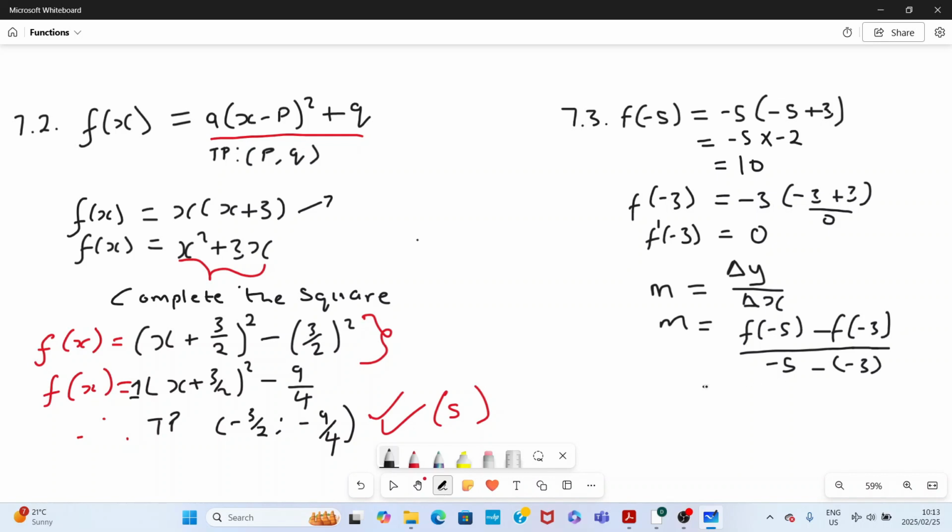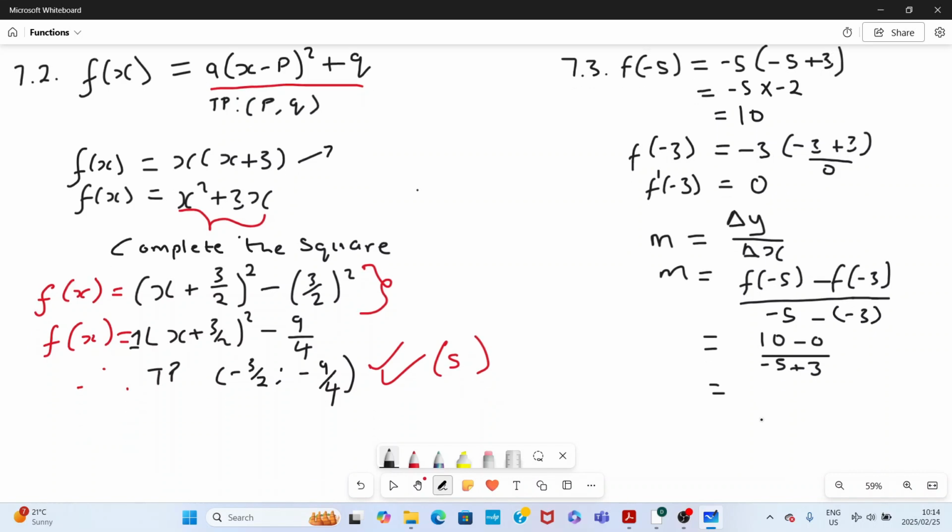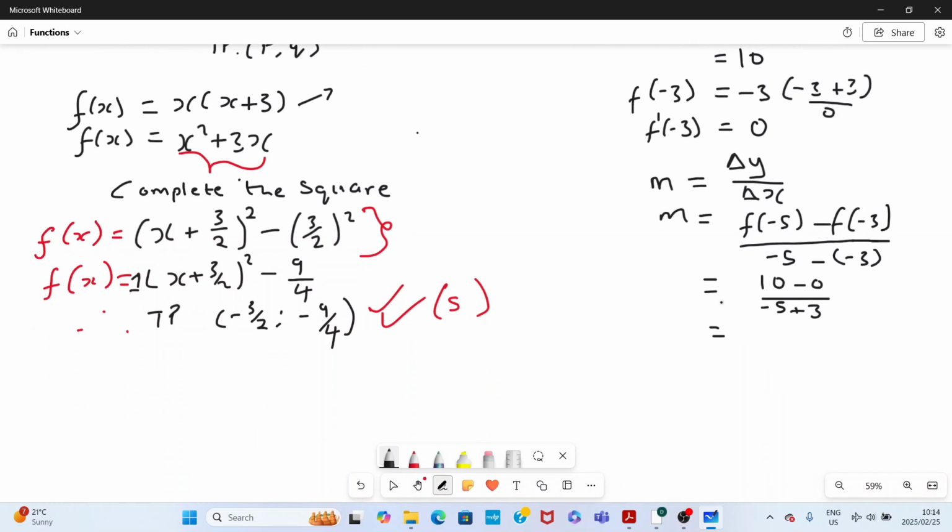Then we have 10 minus 0 divided by, what is -5 plus 3? That's -2. So you'll have 10 divided by -2, which is going to give you -5. So that's the gradient.